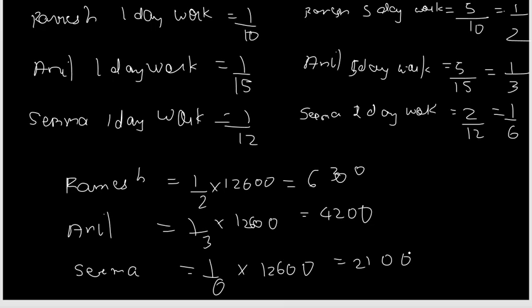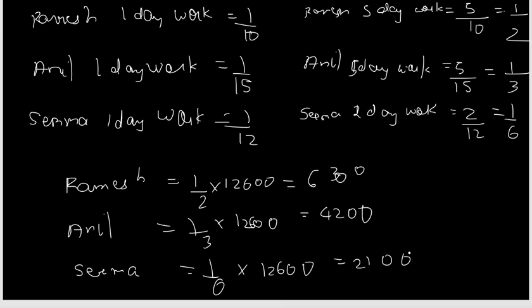We have found out how each one's money is divided. The ultimate goal of the problem is to see the capacity of each one. We were clearly given Ramesh's capacity and Anil's capacity. Using their capacities, we found out Seema's capacity, and then we multiplied the capacity based on the number of days they work.